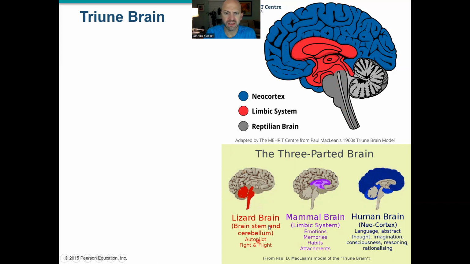It says lizard brain, the brain stem and the cerebellum. The most foundational wiring of our brain, the processing power of our brain for our bodies, for breathing and beating, controlling heartbeat and controlling body temperature and controlling other homeostatic mechanisms is in the brainstem.